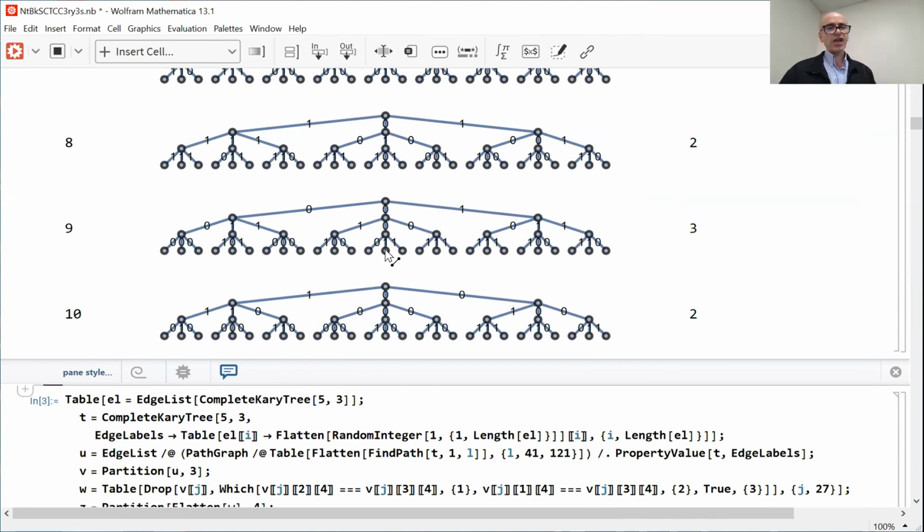But then you change the labeling, as I just did. I ran the program a few times, changed the labeling, and I came up with an example of a ternary tree of depth 3, which has weight 3. Namely, for this tree, to extract a binary subtree, you cannot do it with fewer than 3 path labels.